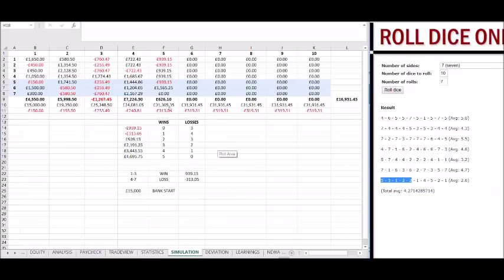So in total, that's 4,069.65. Now, what's happened is that our bank has actually increased to 36,000.